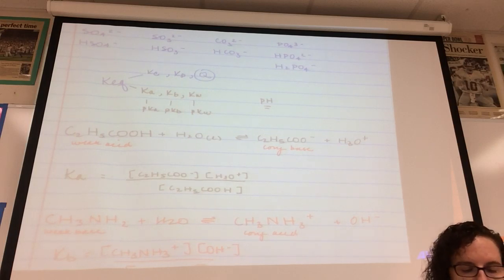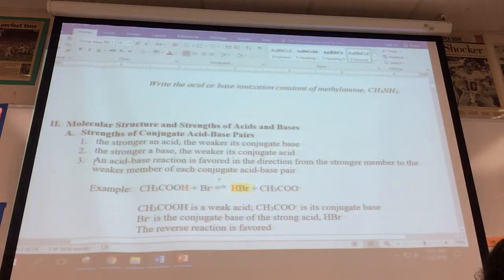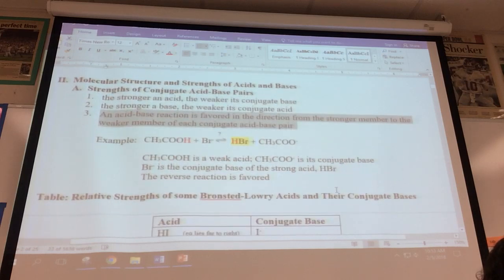And when you're predicting the direction in which the equilibrium reaction will proceed, you look for the strongest entity. For example, an acid-base reaction is favored in the direction from the stronger member to the weaker member of each conjugate acid-base pair.